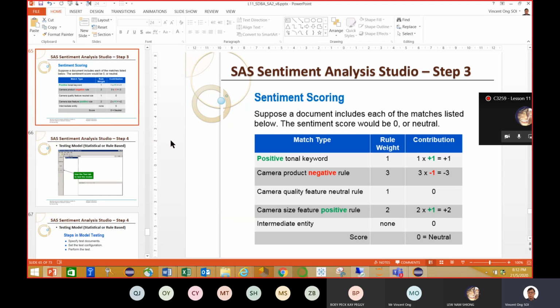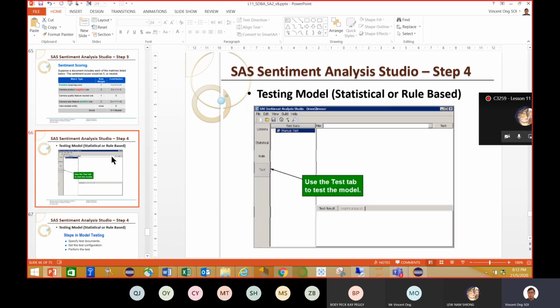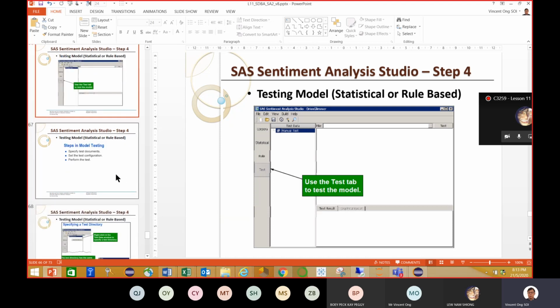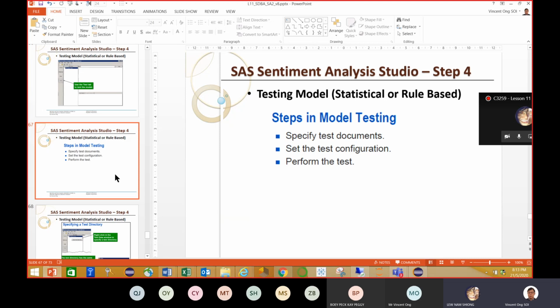If that feature is commonly mentioned, and you scan through and there's more negative than positive, then maybe you want to readjust your weight. So in your coursework, you must relate topic extraction with sentiment analysis wherever possible, to give you a better insight.